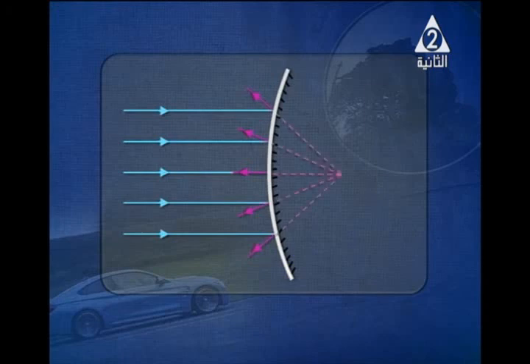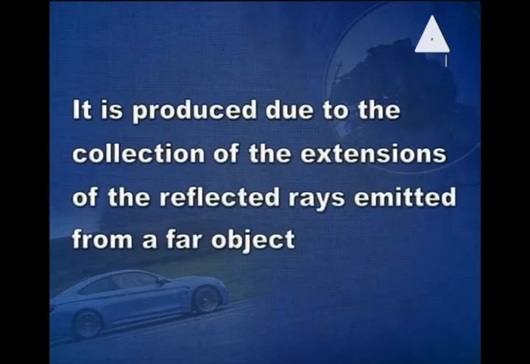After taking the extensions of the diverged light rays, the focus is formed, which is a virtual focus. It is produced due to the intersection of the extensions of the reflected rays emitted from a far object.